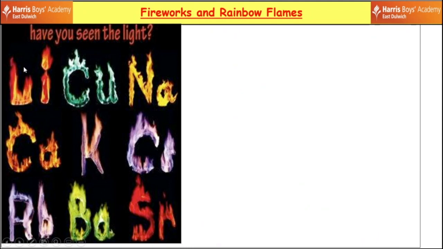If you saw anything green, you can write out the symbol that's colored in green. If you saw anything yellow or orange, you can write down the symbol that has that color as well, right? If you saw anything blue, you can write down the symbol that has that color as well.